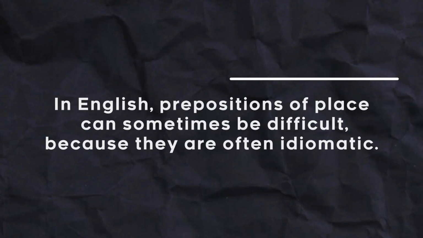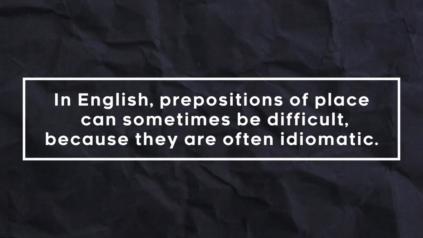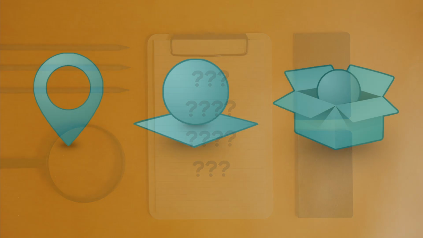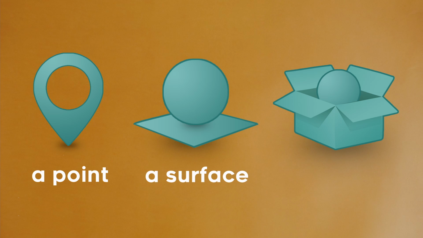In English, prepositions of place can sometimes be difficult because they're often idiomatic. This means that the choice of preposition isn't always logical. However, there's an easy way to help us determine which word to use. It's helpful to imagine the prepositions describing a point, a surface, or a 3D space.